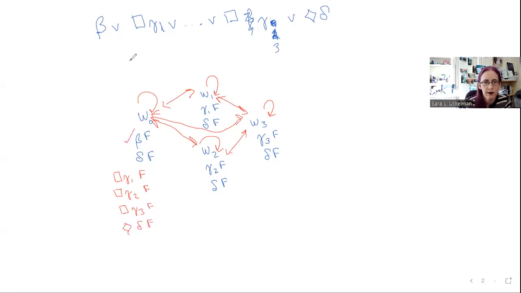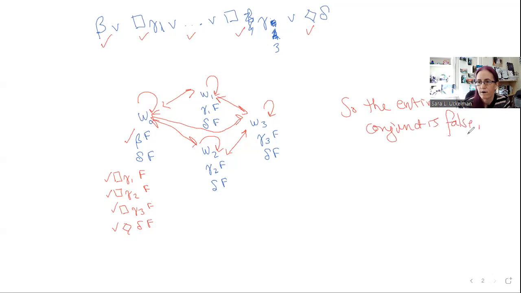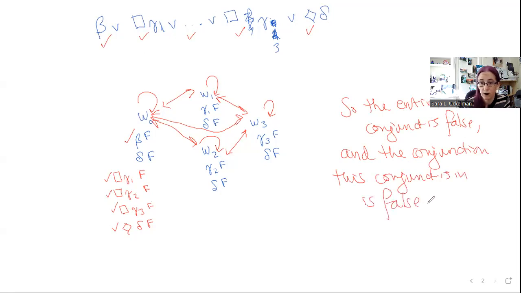That means we've got this disjunct is false, this disjunct is false. All of these other ones are also false. Possibly delta is false. So the entire conjunct is false, and that means that the whole conjunction this conjunct is in is false.